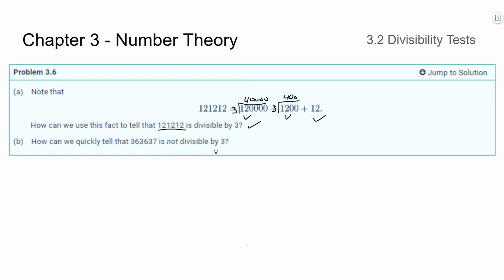Now, how can we quickly tell that 363,637 is not divisible by 3? Well, we can do the same trick. If we want to write it all out, we could do that. Let's go ahead and just do that, even though I know you probably don't need to.